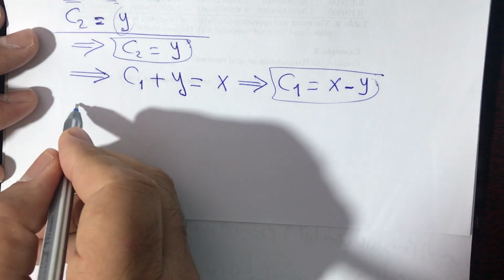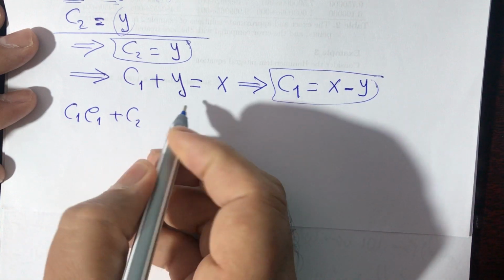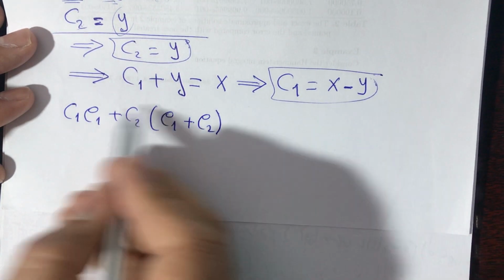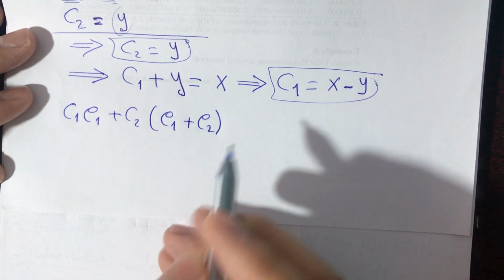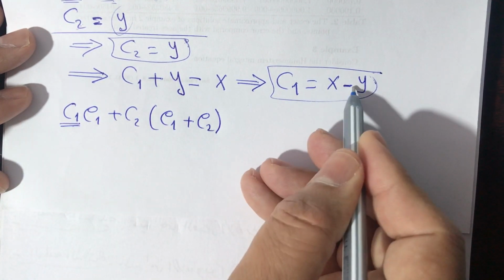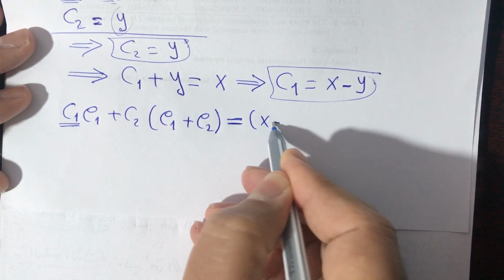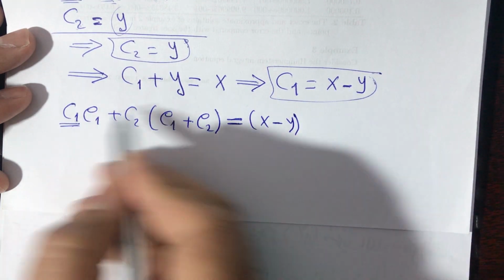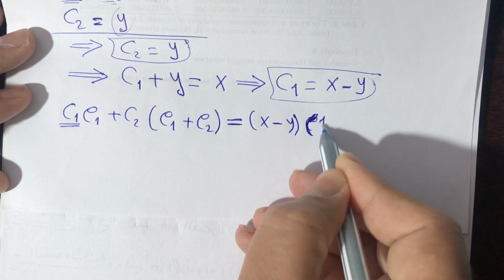This linear combination C1 E1 plus C2 times (E1 plus E2) equals (x, y), for any (x, y). So since C1 equals x minus y, substitute x minus y instead of C1, and instead of E1 put (1, 0).